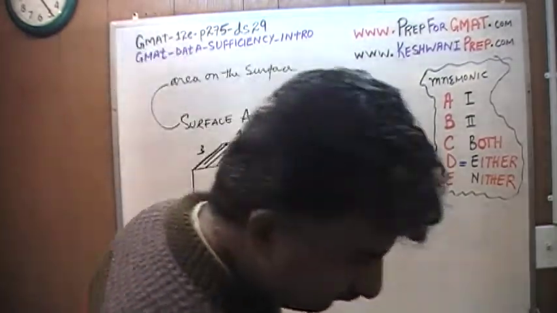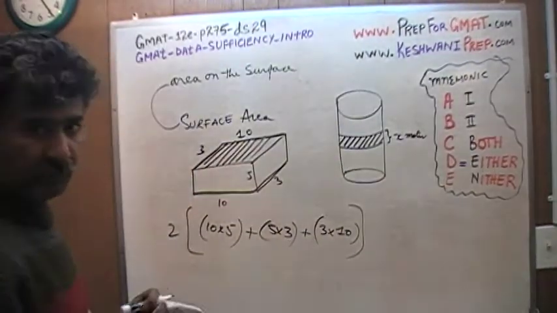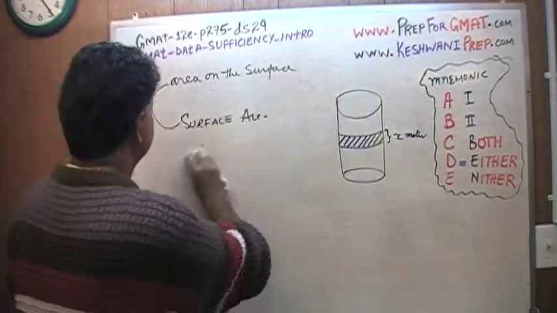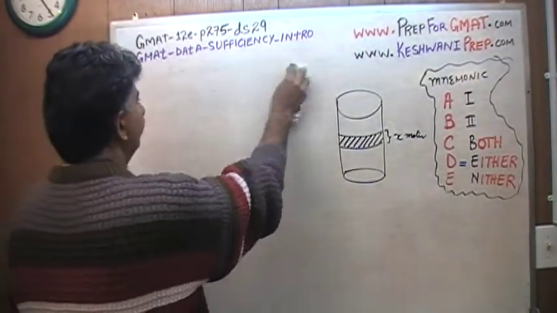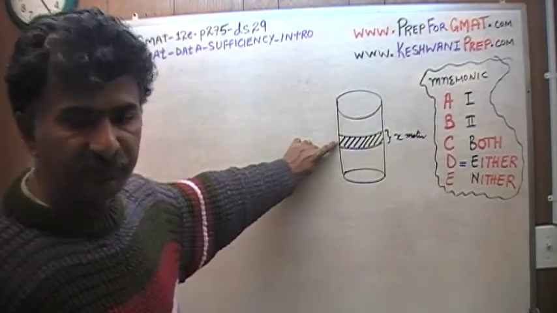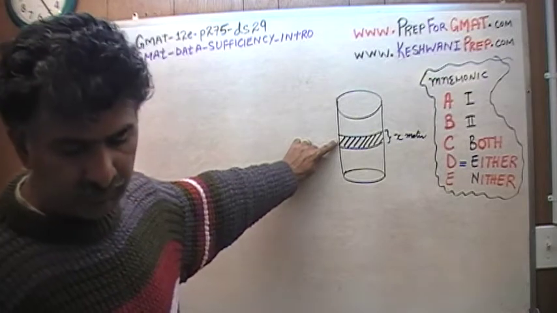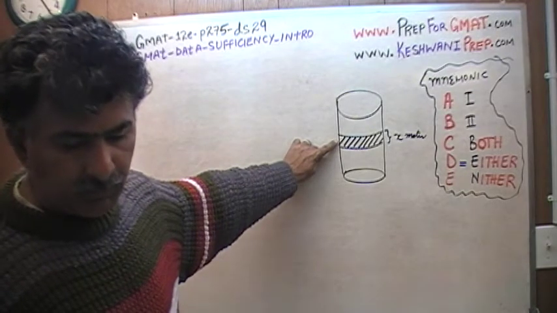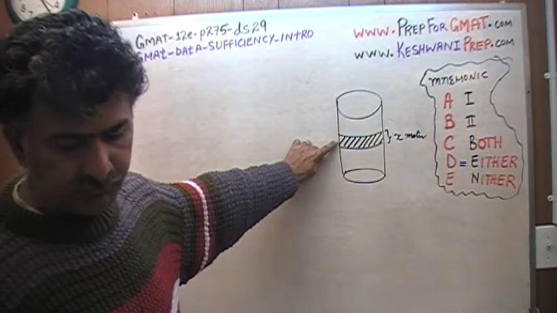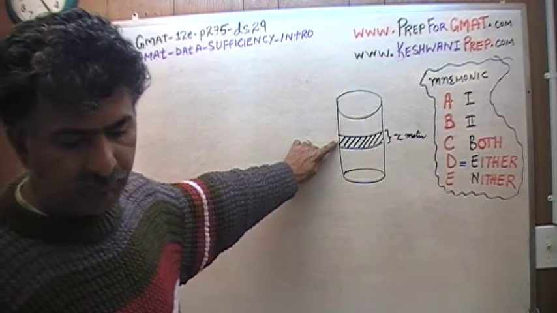I'm going to erase this thing because we don't need it. Here the question is, how much is the surface area of this band that they have around the cylinder? A circular tub has a band painted around its circumference, as shown above. What is the surface area of this painted band?